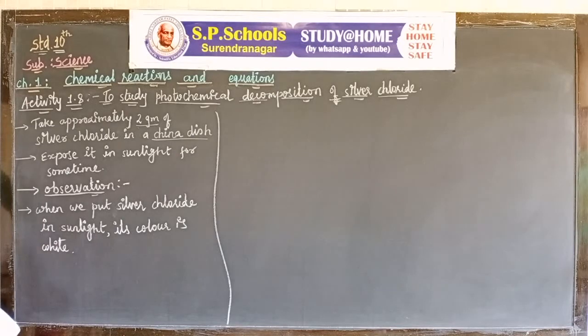When we expose silver chloride in sunlight, its color is white.